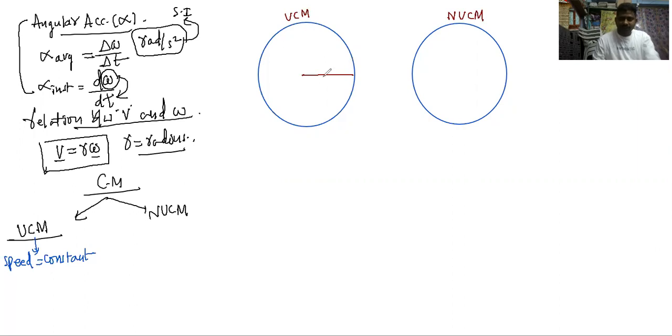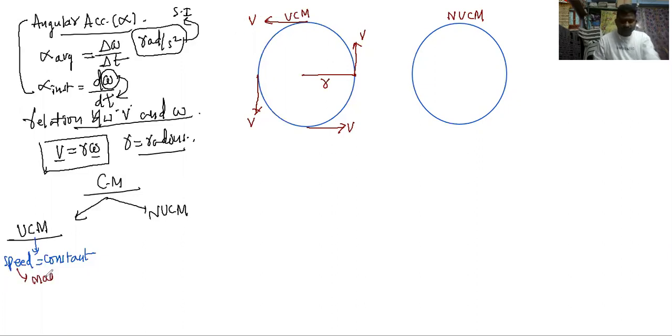Simple things. This is the radius r. At any instant you take, the particle will be moving with the same speed. I'm not talking about velocity, my dear students. At any point you consider, the particle is moving with the same speed. Here, speed means the magnitude of the velocity.